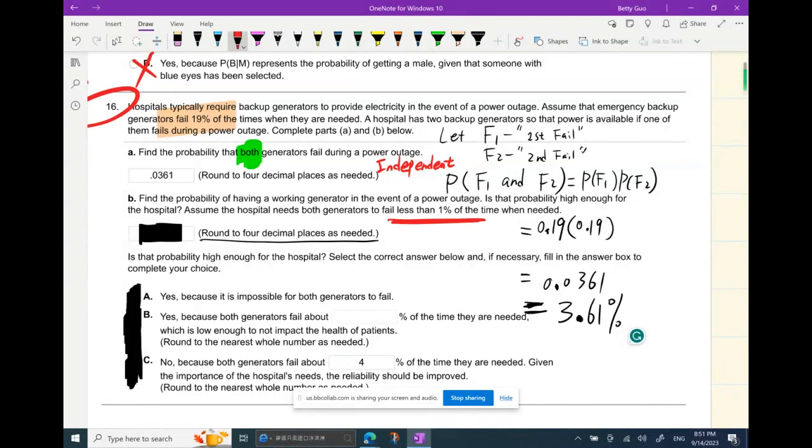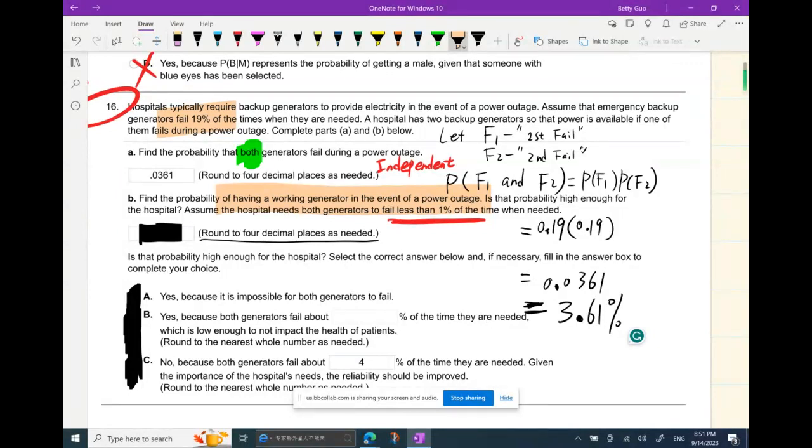Okay, so now we are looking for another probability: the probability that the hospital can run its business. What's the probability of the hospital having a working generator?